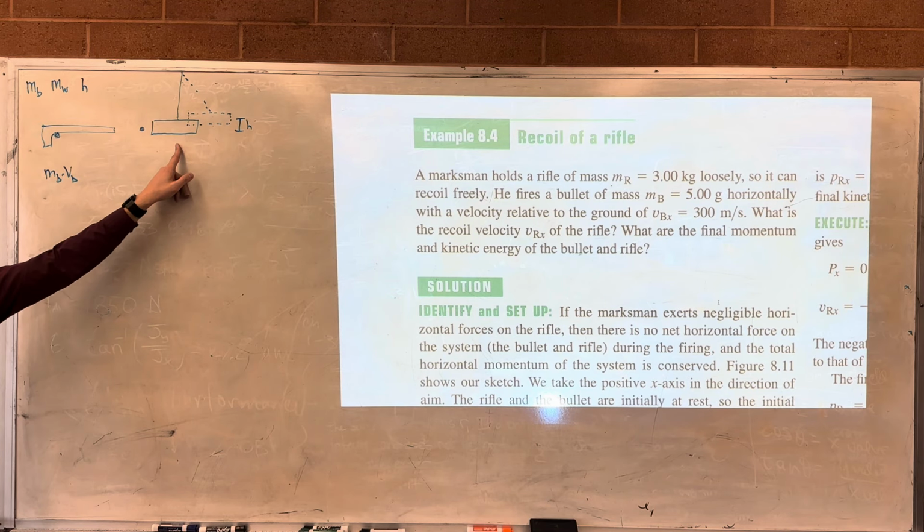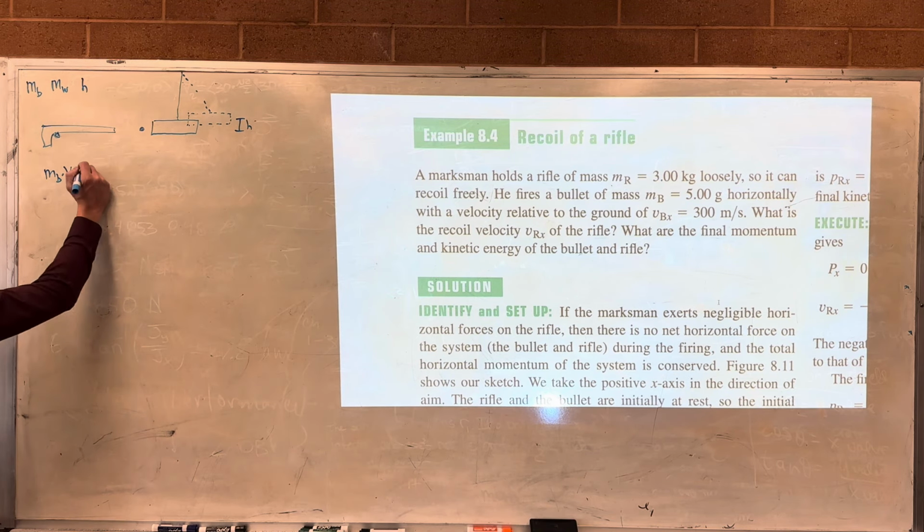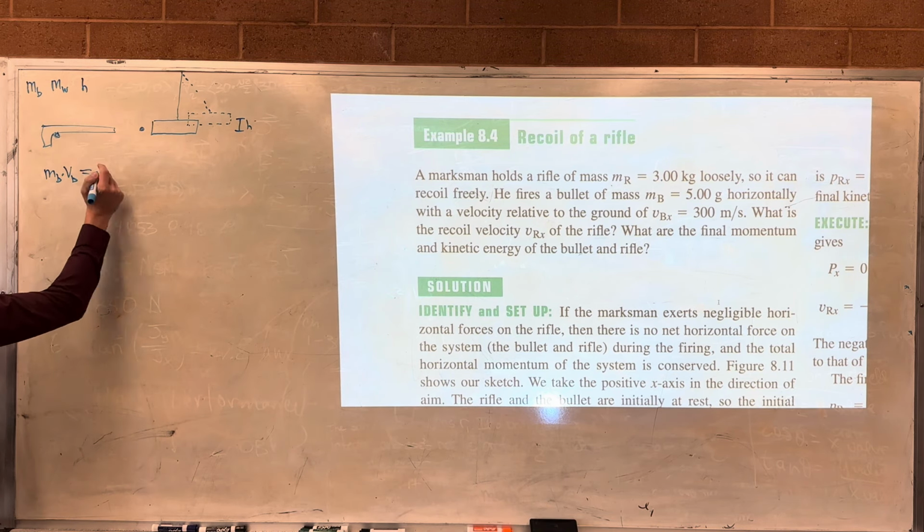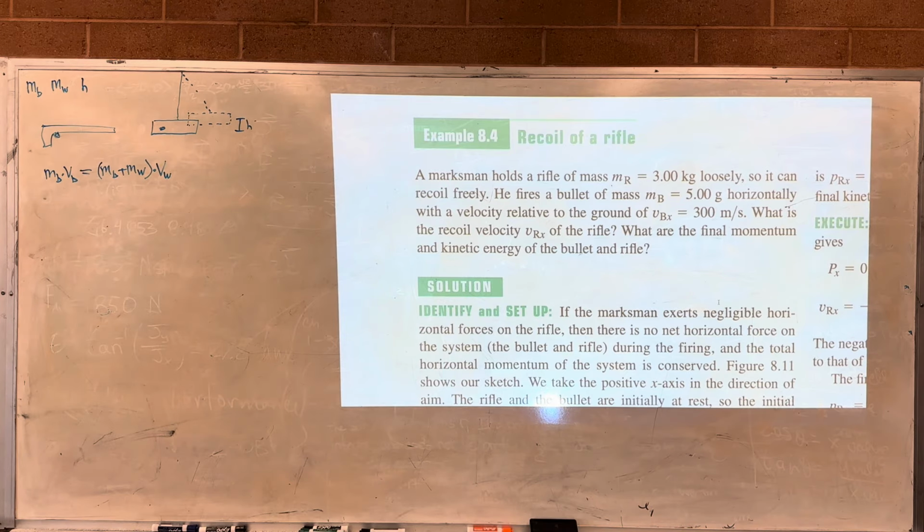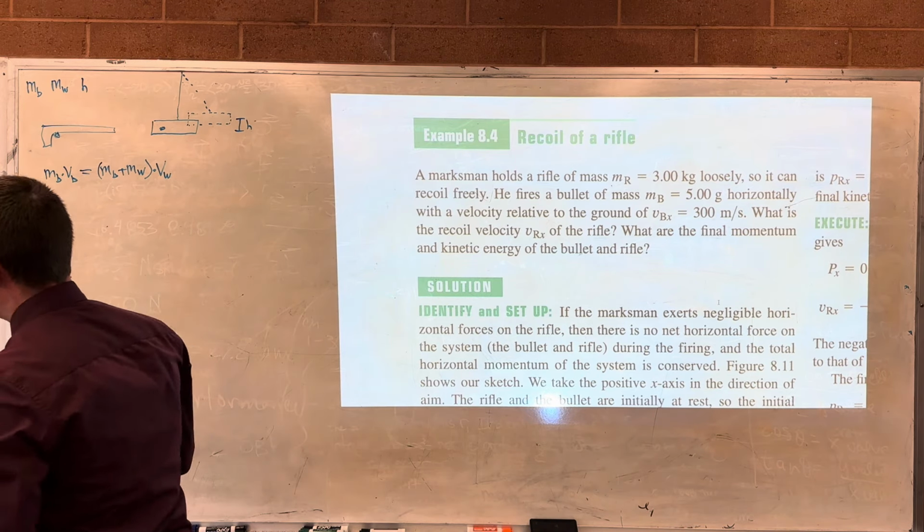Zero. Afterwards, the bullet is embedded into the block, and the block starts moving that way. So this has to be equal to the mass of the bullet plus the mass of the wood, times the velocity of the wood. It's inelastic.